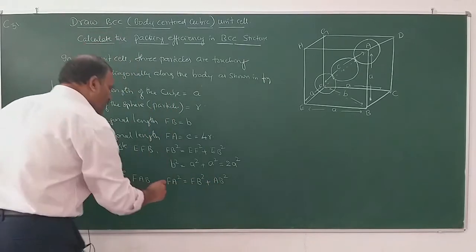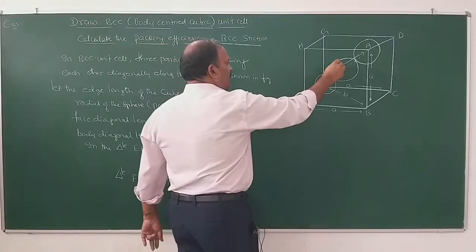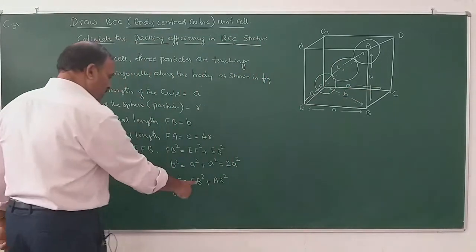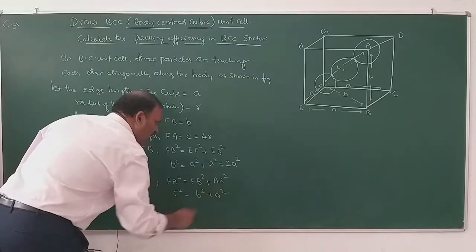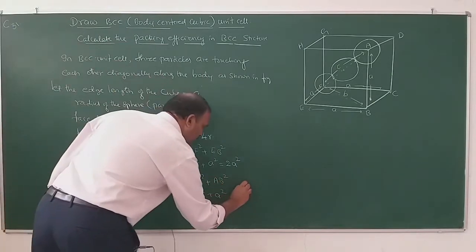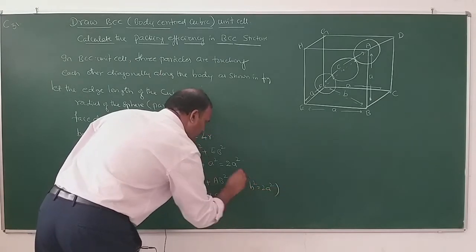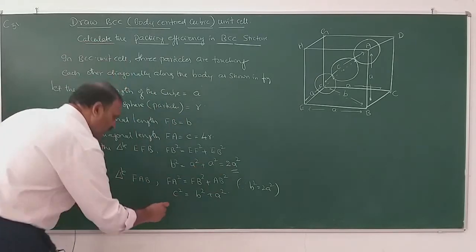FA square is equal to c square. So c square equals b square plus a square. But b square is equal to 2a square.